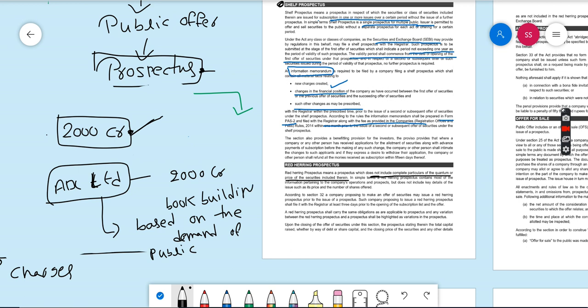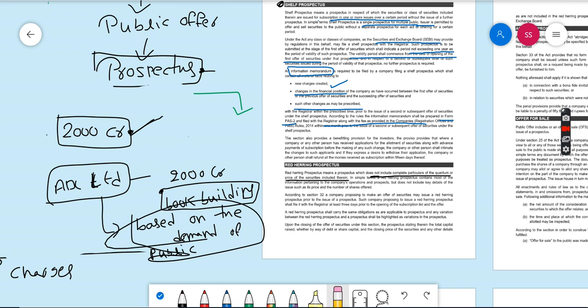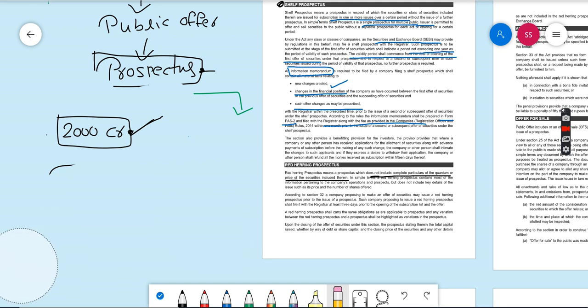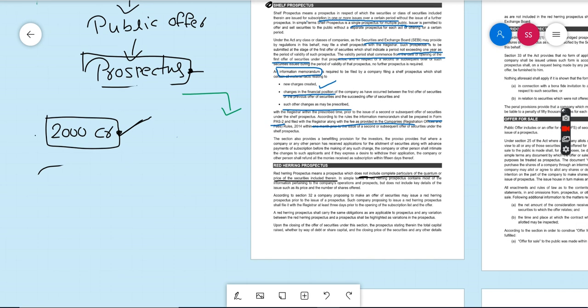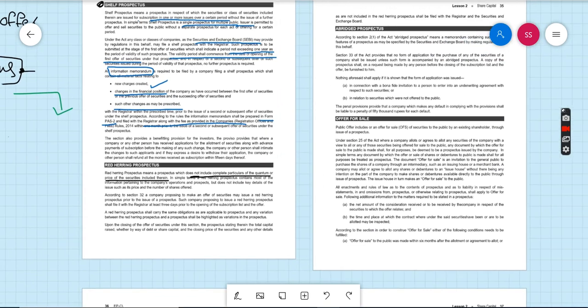This book building route will be discussed in capital markets. Right now, we can say that the company is not sure about the price, so first it will issue the red herring prospectus, and then based on public demand, it will fix the price and everything. So simply, a red herring prospectus does not contain the full information about the company. It does not contain the number of shares and the price of the shares.